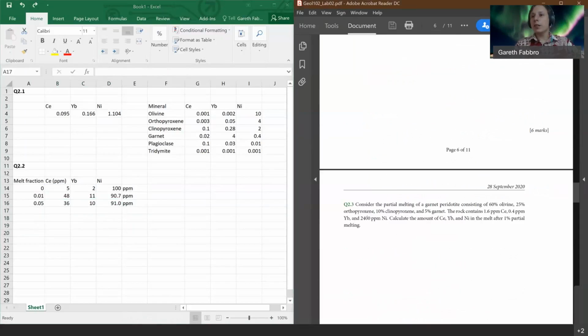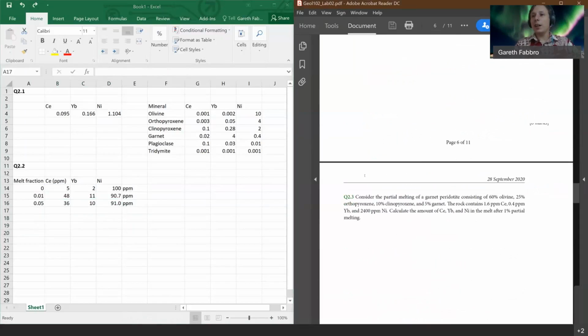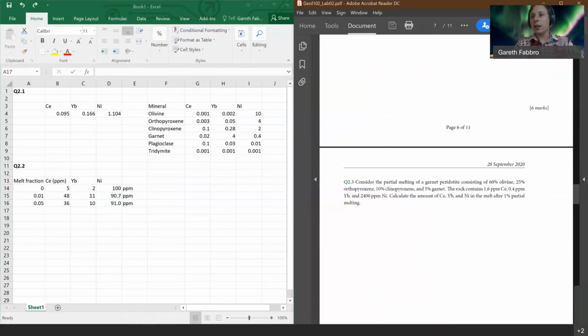Question 2.3, so you now have a different rock, the garnet peridotite, with 60% olivine, 25% orthopyroxene, 10% clinopyroxene, 5% garnet. And here you have the concentrations in the original rock. So here, it's after 1% partial melting.